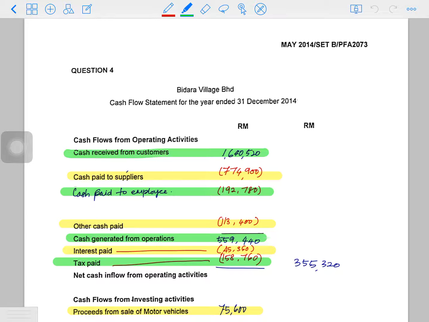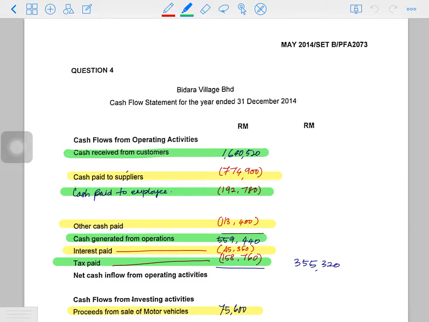Cash equivalent refers to any current asset that can be converted into cash within a 12-month period. This includes short-term investment, normally in your final exam question, short-term investment which can be disposed of within 12 months, and you can convert it into cash within 12 months. So it should include short-term investment.